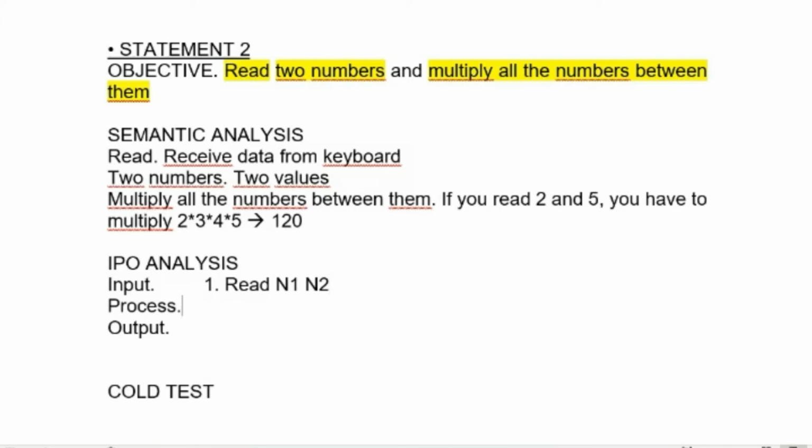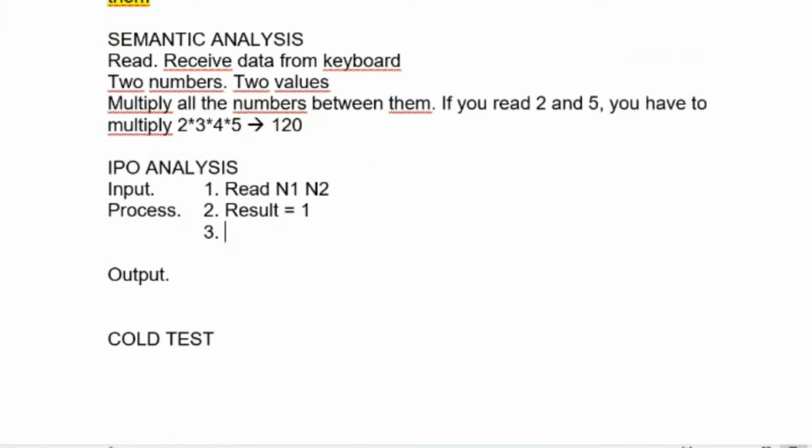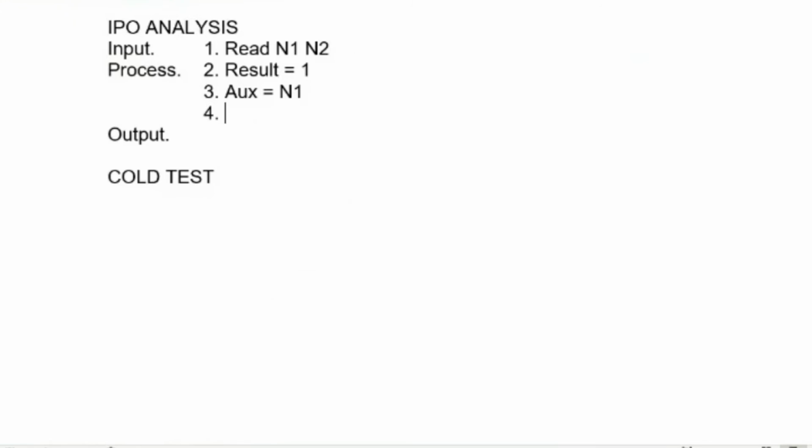Now the process. Second step. Result is equal to 1. Okay? Step 3. Aux is equal to n1. Step number 4.